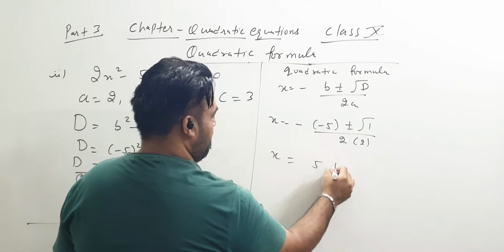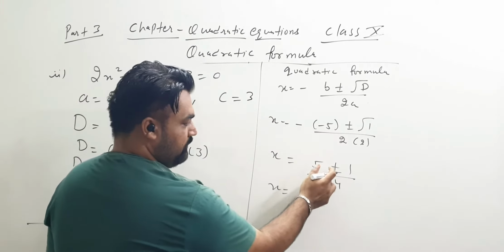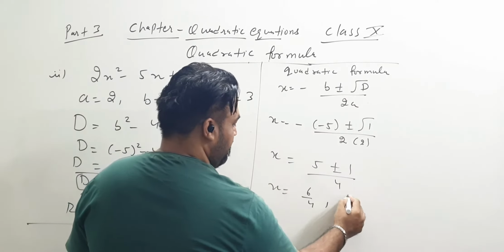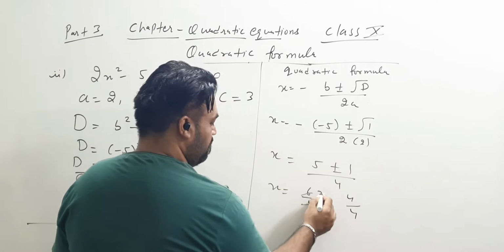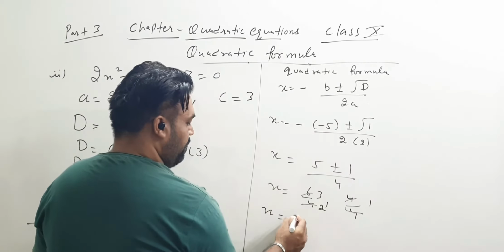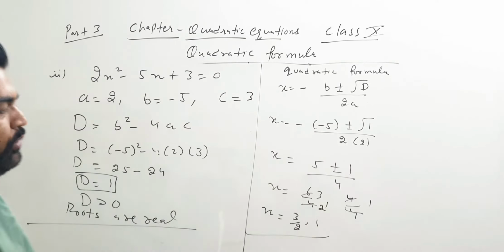X equals to 5 plus minus 1 upon 4. So first of all we will take positive sign, that is 6 upon 4. Then we will take negative sign, that is 4 upon 4. Cancel out. 3 upon 2, cancel out 1. So the values of x, the roots of the quadratic equation, are 3 upon 2 and 1. So this is example number second.